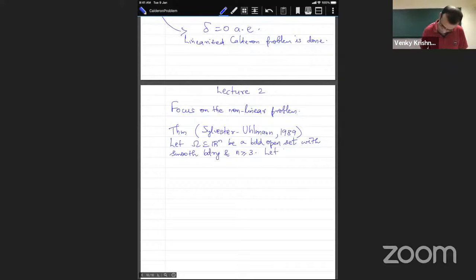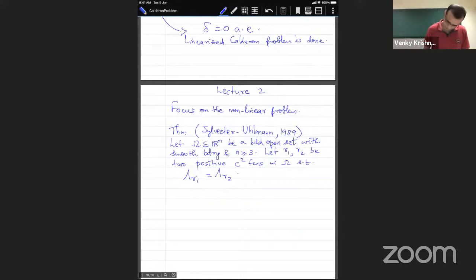So let gamma 1 and gamma 2 be two positive C2 functions in omega such that lambda gamma 1 equals lambda gamma 2.